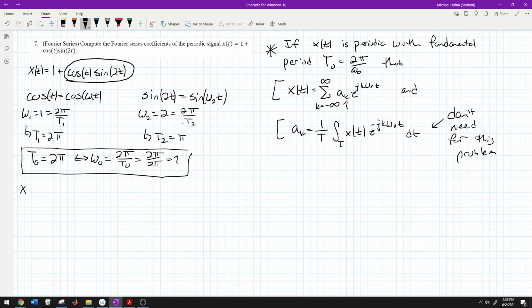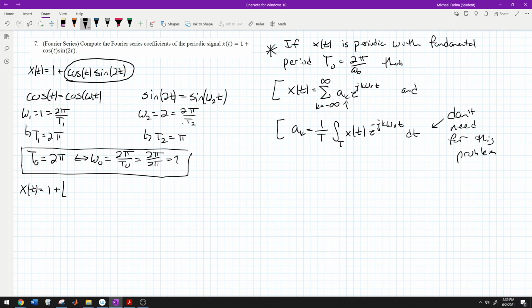Now let's rewrite x of t in terms of complex exponentials by applying Euler's formula. And if you don't know that yet, then just go play around with it until you're comfortable with it off the top of your head, because it'll pay off in the long run.